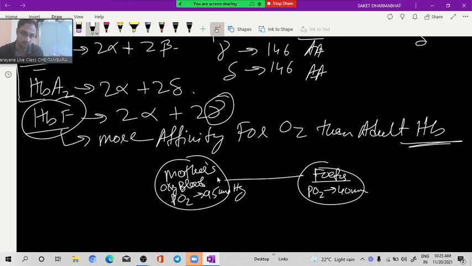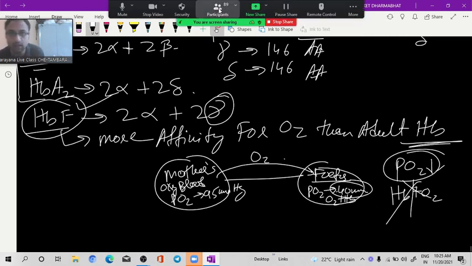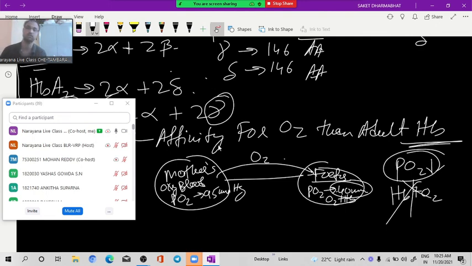Now the oxygen will transfer from mother to fetus, but oxygen can't bind properly with the hemoglobin here because of very low partial pressure. If partial pressure of oxygen is low, will hemoglobin and oxygen bind to each other? No. So that's why God has given a special kind of hemoglobin to the fetus called fetal hemoglobin. Because of that, oxygen binds to hemoglobin in the fetus. Understood? Any doubt?